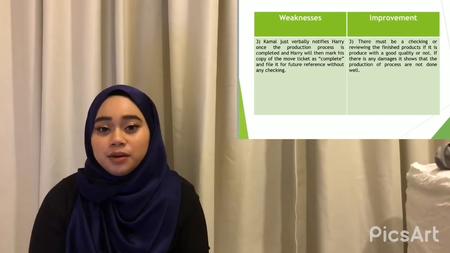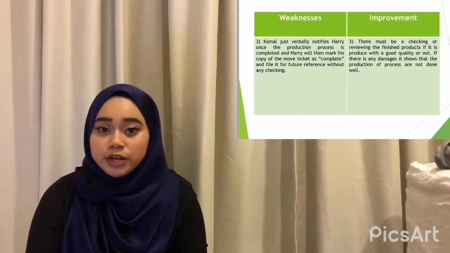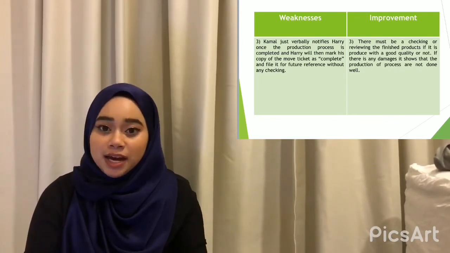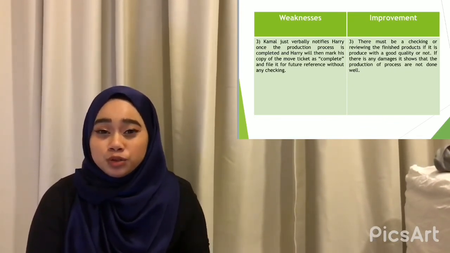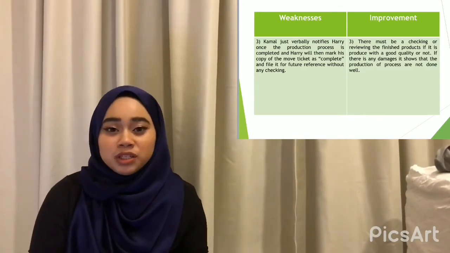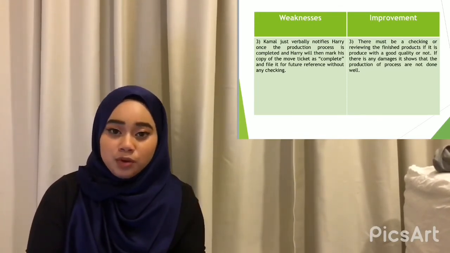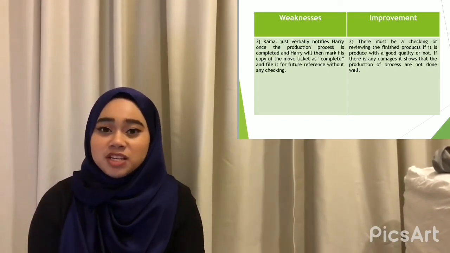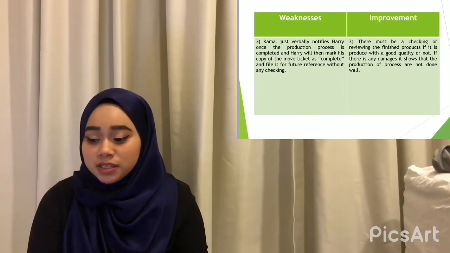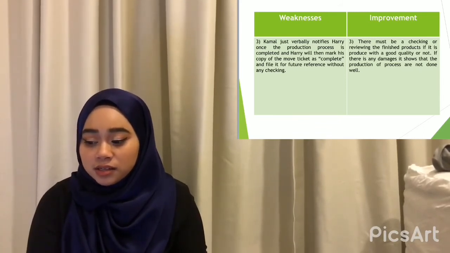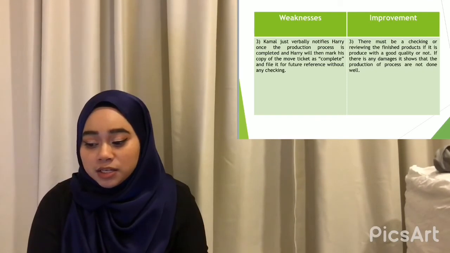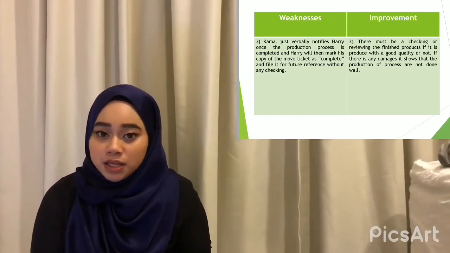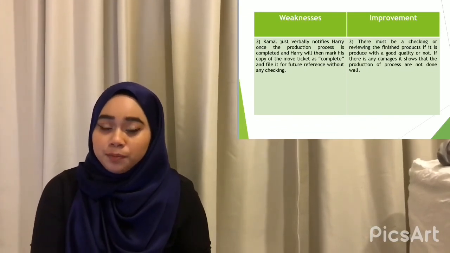So Harry, as a production engineer, should make a check on how the production is getting done, and the company also should provide training to their employee, which is Kamal, so that they know how to manage the production process well, which is training is the way to overcome this situation, which will reduce any mistake and misunderstanding about the production process itself.